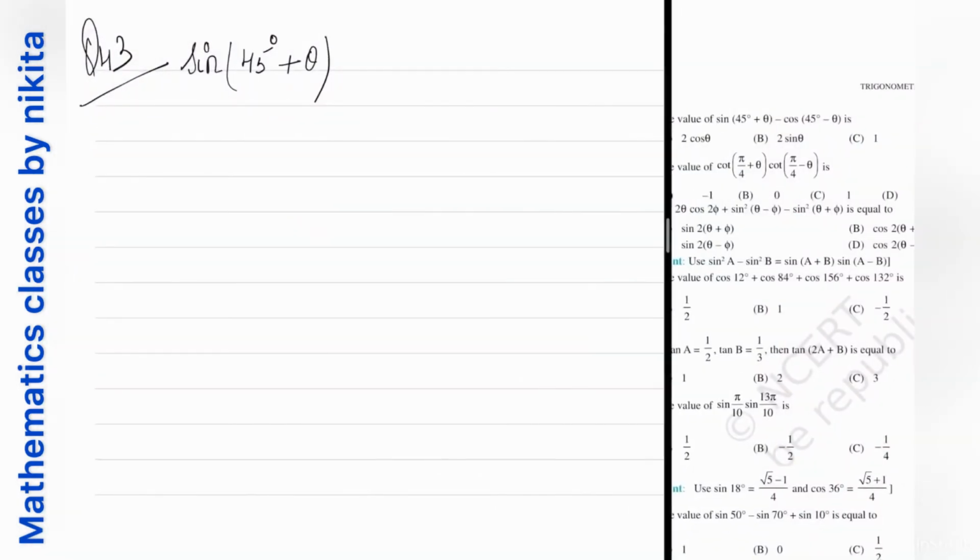This is sine 45 degrees into cos theta plus sine theta into cos 45 degrees, and sine 45 as well as cos 45 is 1 by root 2.